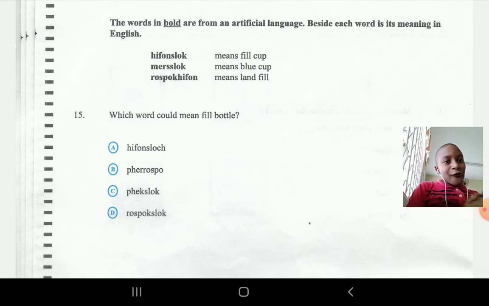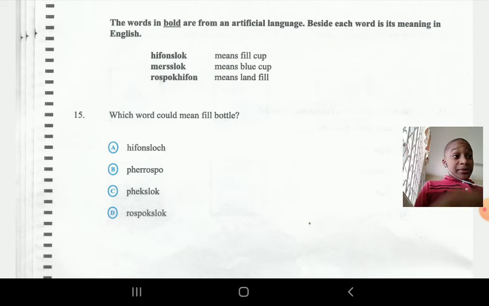So, off the bat, we know mers means blue, because slack is in both fill cup and blue cup. So slack is cup, and mers is blue. Hifan is in both fill cup and landfill, so hifan would mean fill, and respok would mean land.